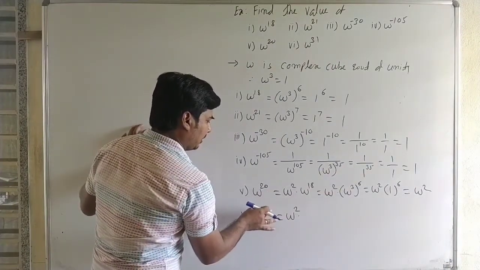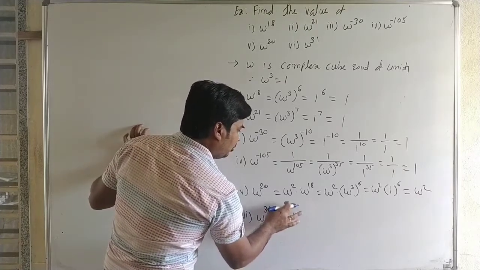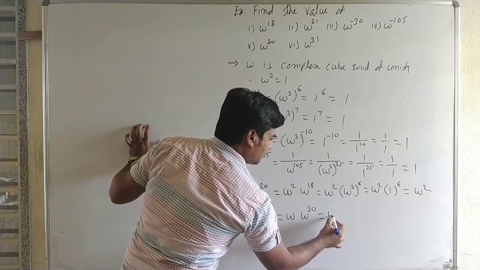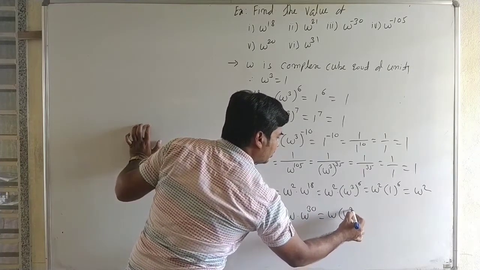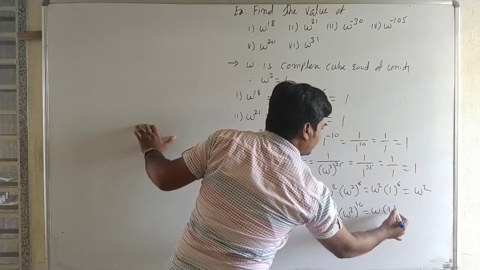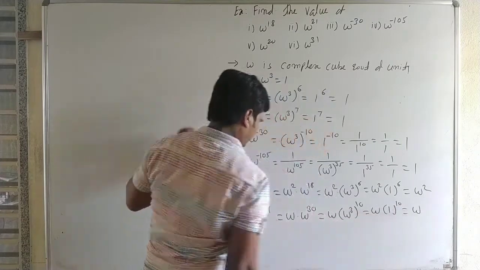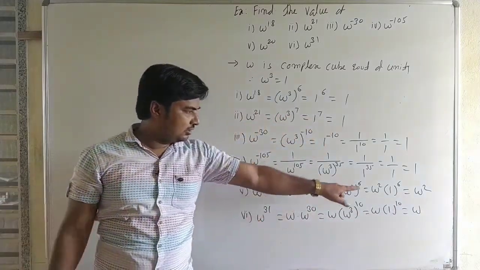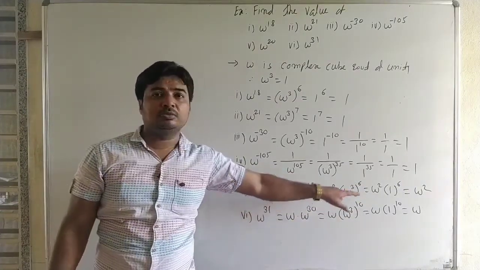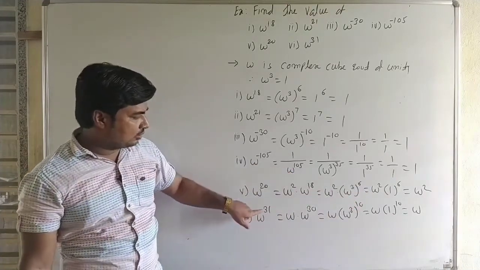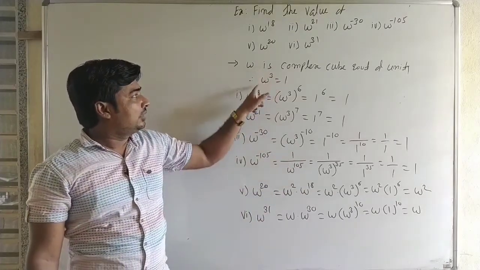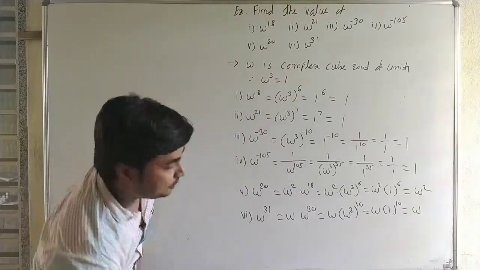We get 31, then here omega into omega to the power 30, then omega into omega to the power 3 to the power 10, then omega into 1 to the power 10, and it is omega. It is omega to the power 31, which is omega. When it is omega to the power 32, then it becomes omega square. And when omega to the power 33, it is 1 because it is divisible by 3. This can be written in the form of omega cube. Now we see the next example.